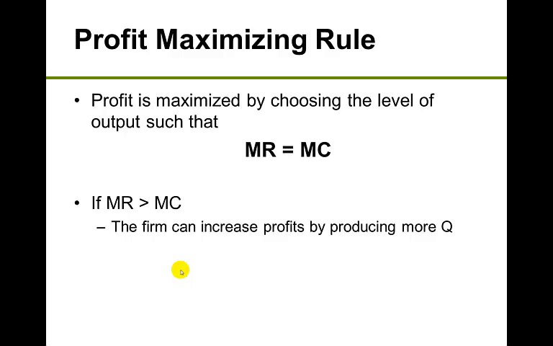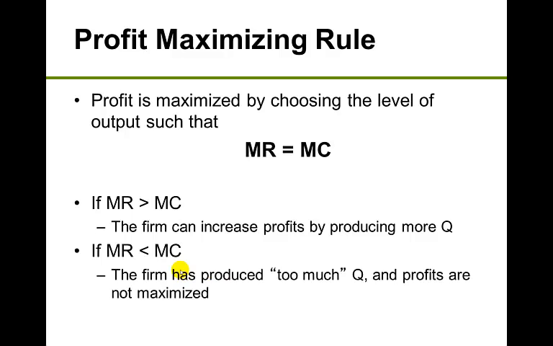Well, that would tell me that if I produce just a little bit more, the revenue I would get from producing just a little bit more would be greater than the cost that I would incur producing a little bit more. So if I produced a little bit more, I would increase my profits. If the opposite is true, my marginal revenue is less than my marginal cost, then if I cut my production a little bit, I would maximize my profits.